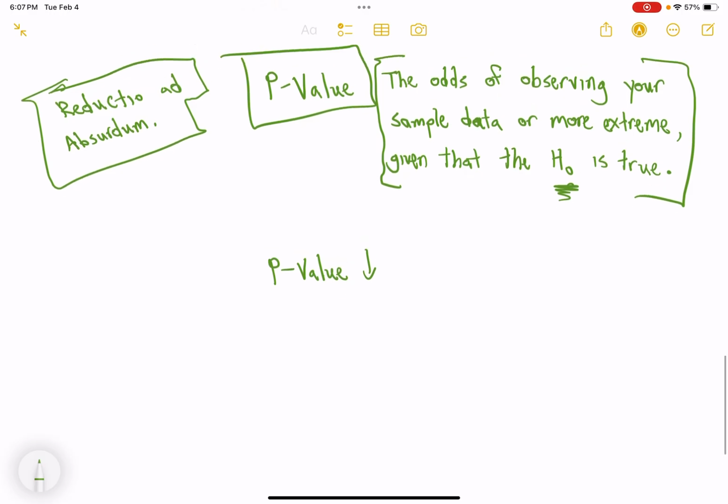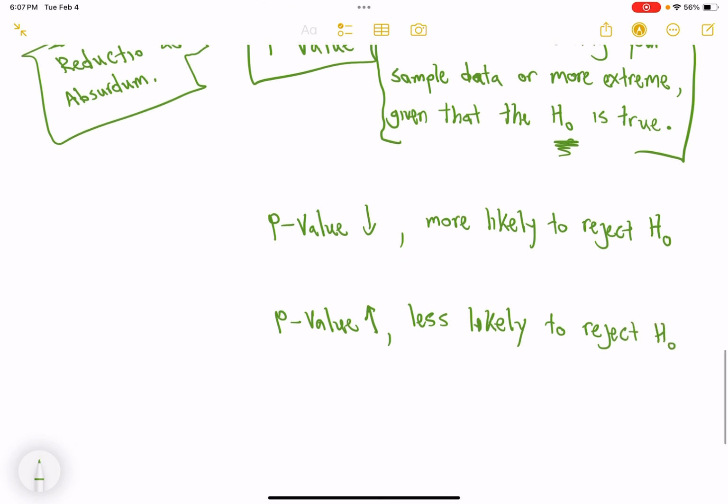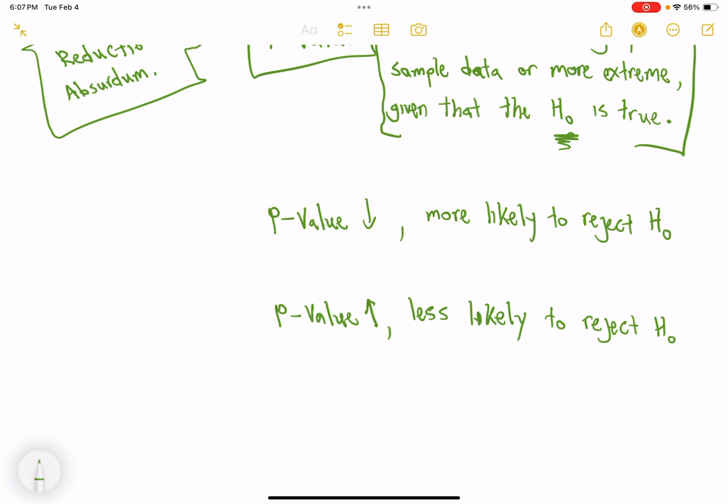As the p-value goes down, we become more likely to reject the null hypothesis, right? And as the p-value goes up, we become less likely to reject the null hypothesis.